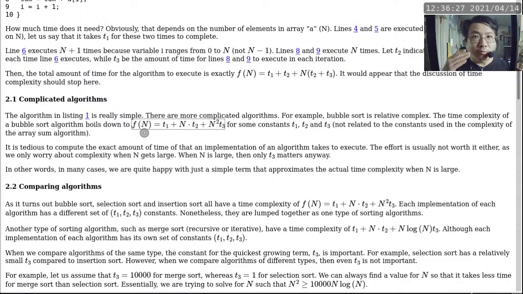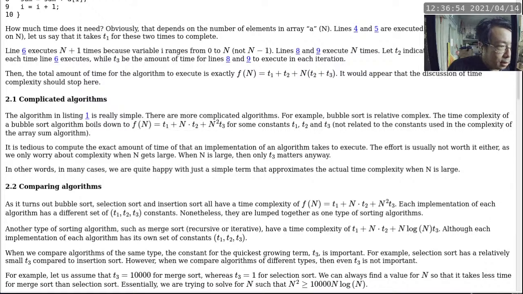We are not really wanting to know exactly the number of microseconds it's going to take for this algorithm to complete. That's not what we're trying to look for. We're just basically going like, okay, here's merge sort and here's bubble sort. Which one is better? That's usually the question. So that means having to figure out the exact amount of T1, T2, and T3 is not really necessary.